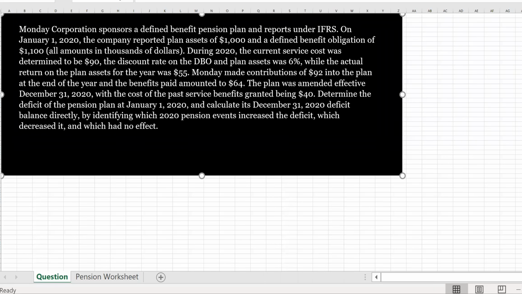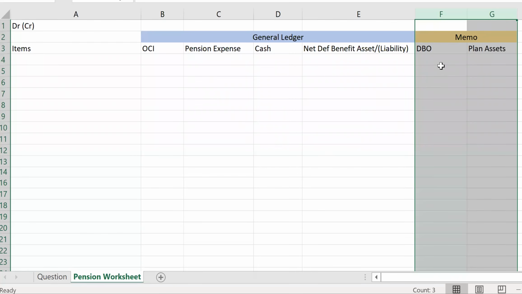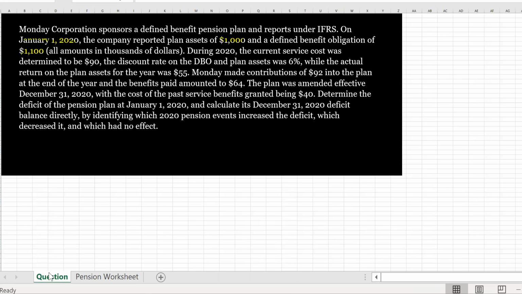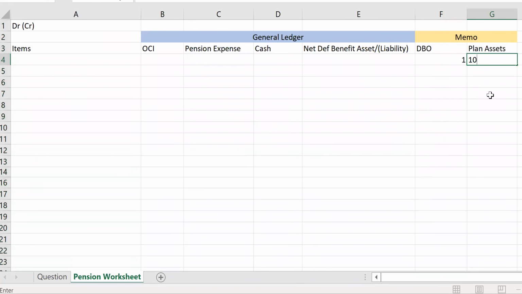So let's take a look at the question again. On January 1st, 2020, the company reported plan assets of $1 million and a defined benefit obligation of $1.1 million. It says all amounts are in thousands of dollars. So we've got plan assets of 1 million, and then a defined benefit obligation, which is a liability of 1.1 million.